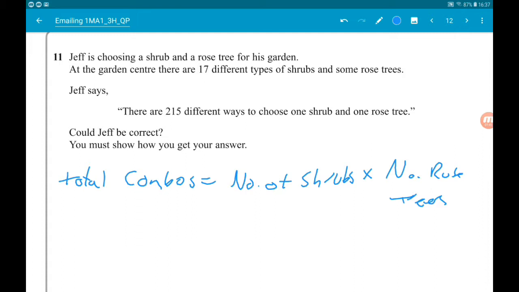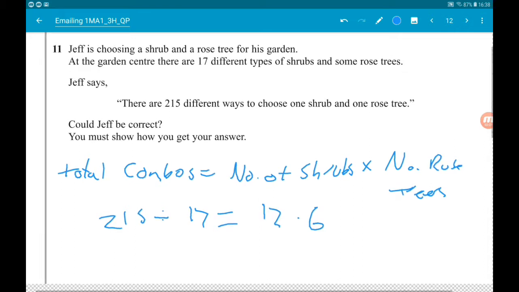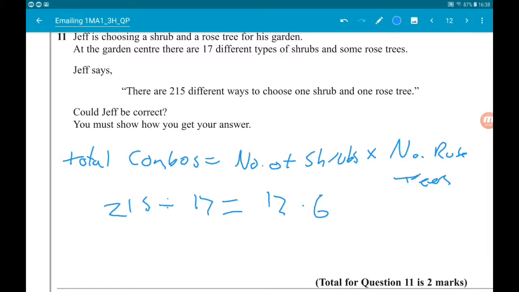So 215 divided by 17 sadly gives us 12.6, which makes no sense. There can't be 12.6 different types of rose tree. So, no, Jeff is wrong.